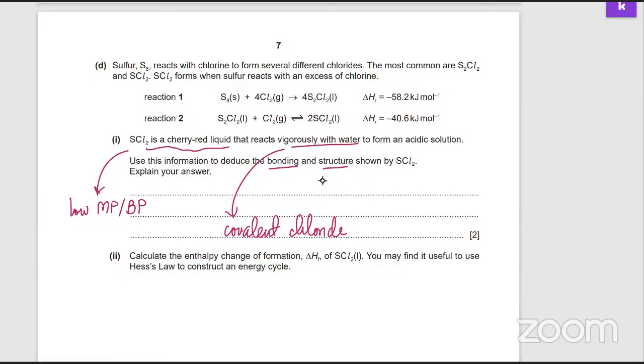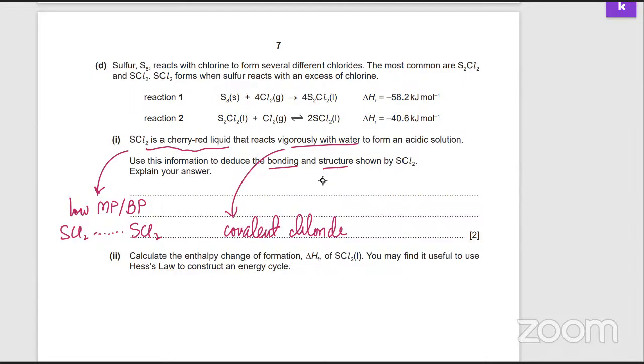It's not going to be a liquid. A giant structure is never a liquid. So it's got low melting and boiling points because you've got a simple molecular structure. There's an SCl2 molecule, there's another SCl2 molecule, and they have weak intermolecular forces between them.